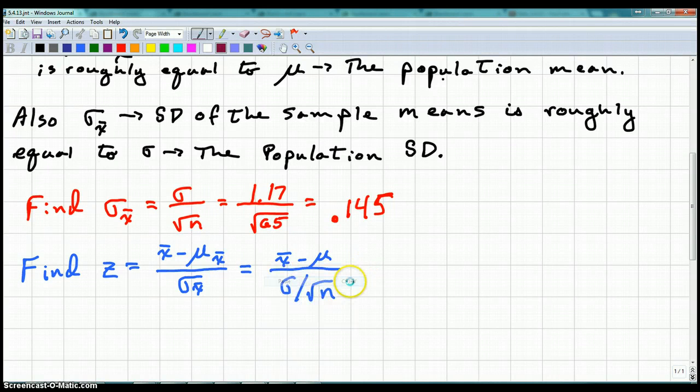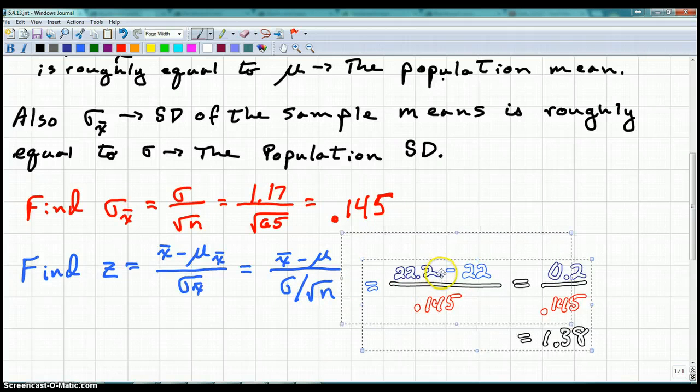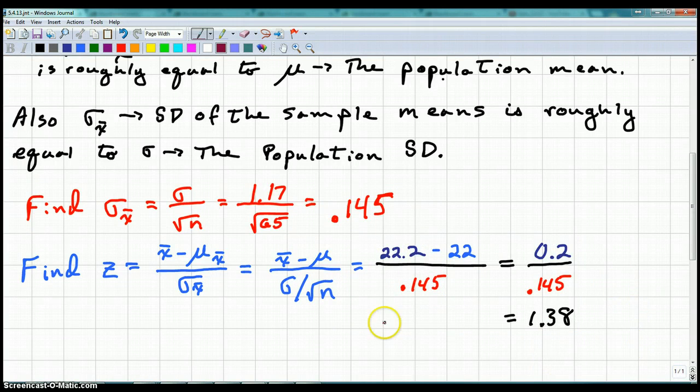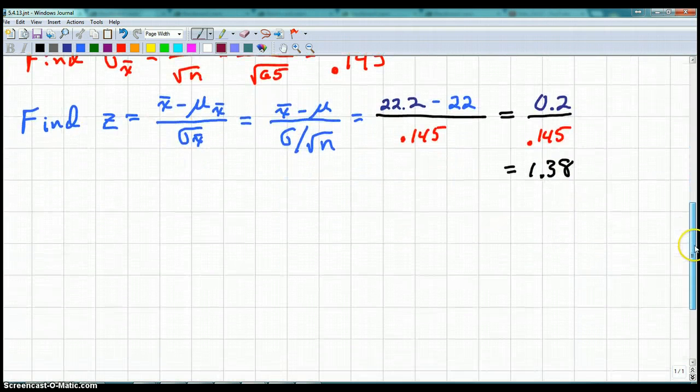And that's going to look roughly like this. X bar is 22.2, mu is 22, sigma divided by the square root of n, which we just found, is 0.145. So therefore, plugging this into your calculator, 0.2 divided by 0.145 is equal to 1.38. That right there is the z-score that we want to be looking at.